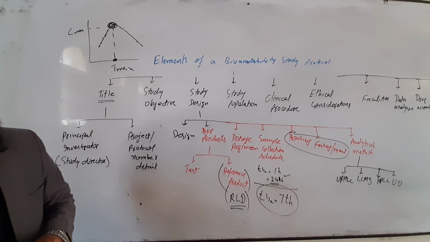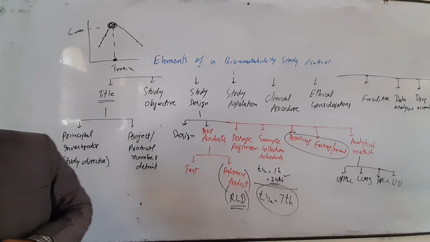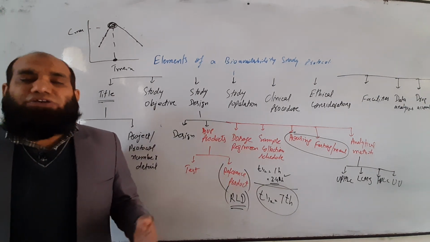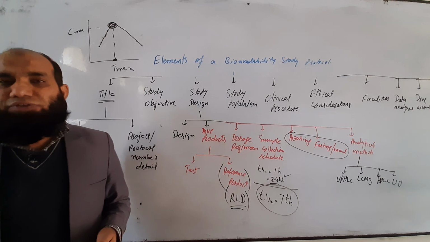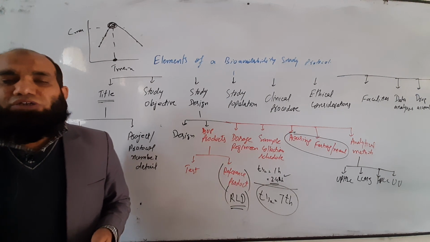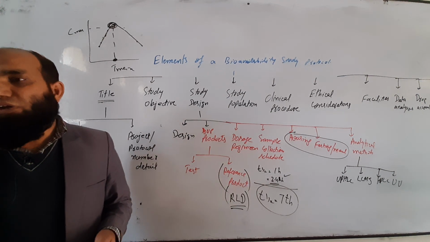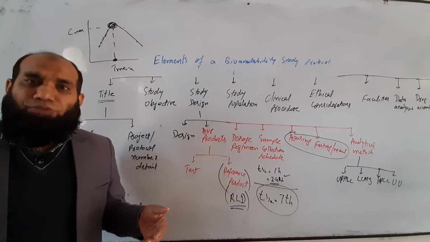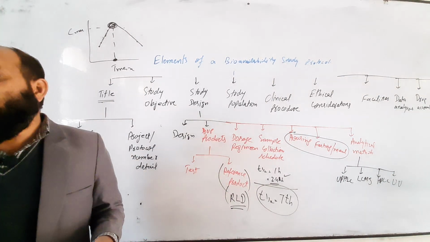So remember, we will have to first create some standard curves, linearity curves. When we are discussing HPLC, we will have to create the standard curve not only with the mobile phase but also with the plasma.